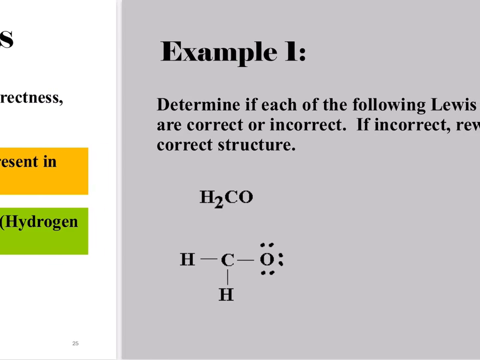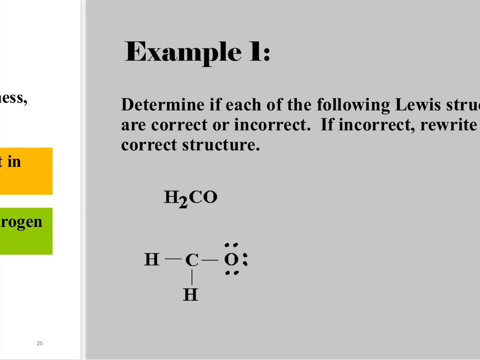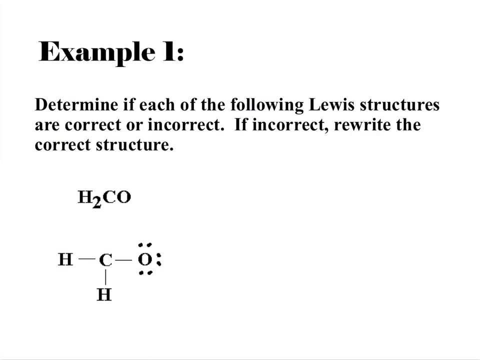Okay. So here we have the exact example that I gave you. For this Lewis structure, we know what the correct Lewis structure is, but why would this Lewis structure be wrong? If we look at carbon, how many electrons are around carbon?